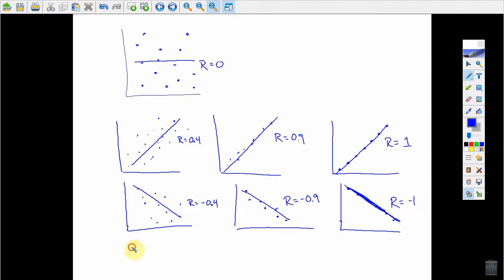So this would be a weak association or weak correlation.